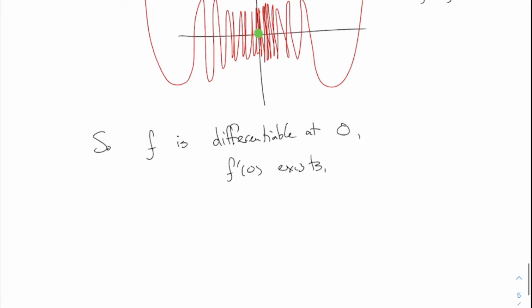So f prime of 0 exists, but f prime is not continuous at 0. All right. f is differentiable, but the derivative is not continuous. Another thing that means is that f double prime does not exist.